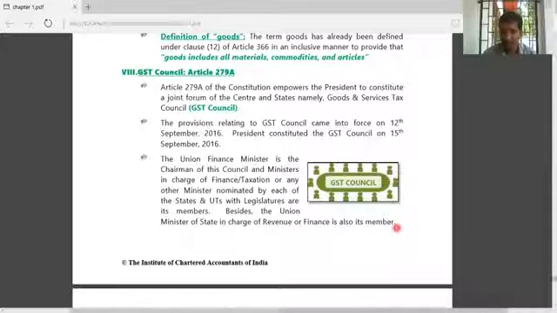So Nirmala Sitharaman is the chairman, then one member from the Union, Anurag Singh Thakur, the Union Minister of State in charge of Revenue. From each state government, the minister in charge of finance or any other minister will be a member in this GST Council. For example, from Kerala, Honorable Finance Minister Thomas Isaac is a member of the GST Council.